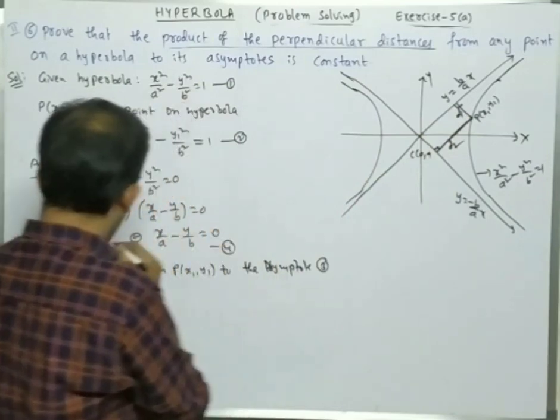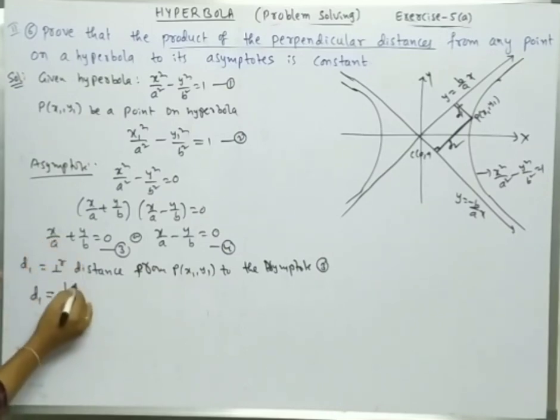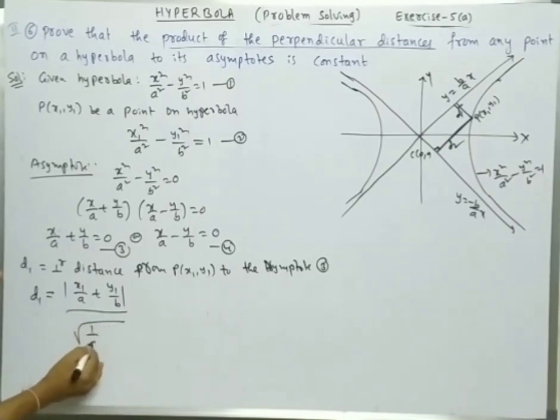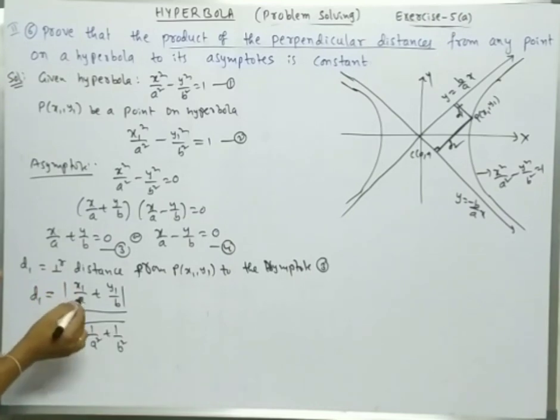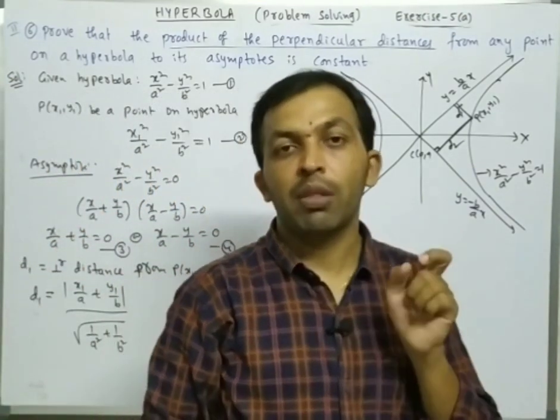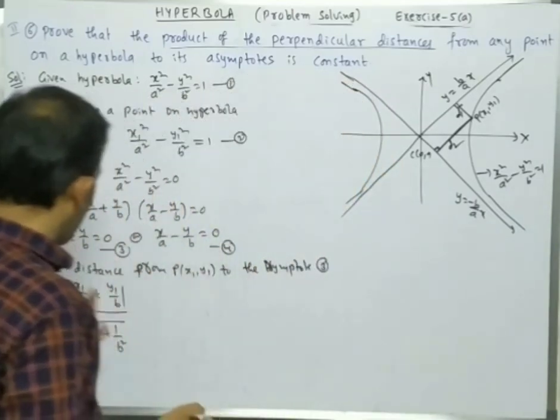So d1 is equal to the modulus of x1 by a plus y1 by b, divided by the under root of 1 by a square plus 1 by b square. We know the perpendicular distance formula: modulus of a x1 plus b y1 plus c by under root of a square plus b square. So substitute that.